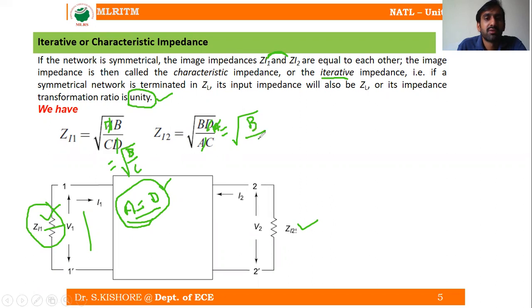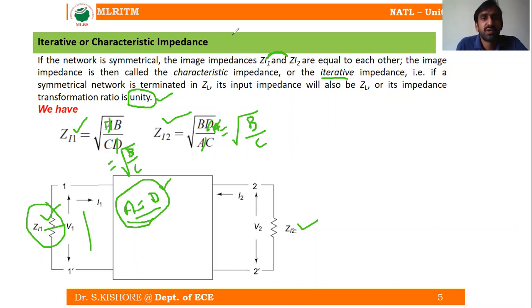So when the network is symmetrical, Zi1 is going to be equal to Zi2. That means the iterative or characteristic impedance of a two-port network can be defined only if the network is symmetrical. The image impedance of a symmetrical two-port network is going to be our iterative or characteristic impedance.